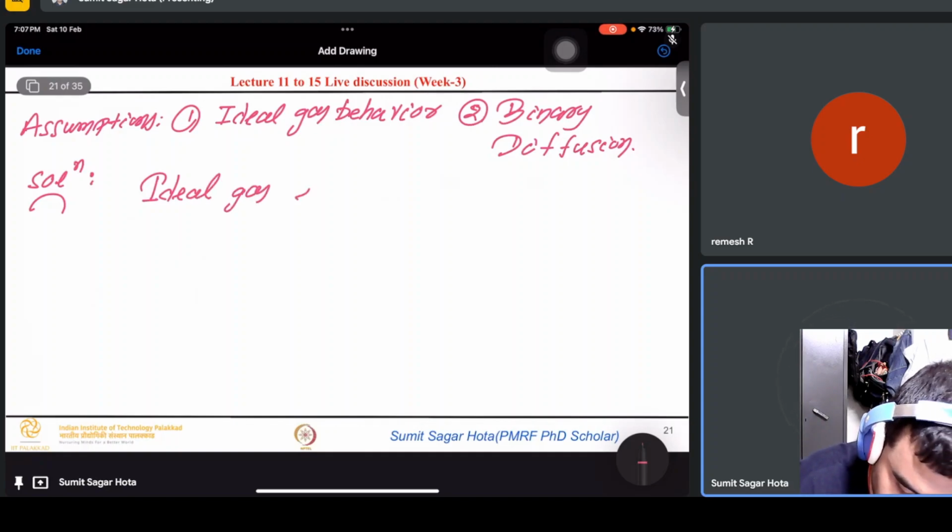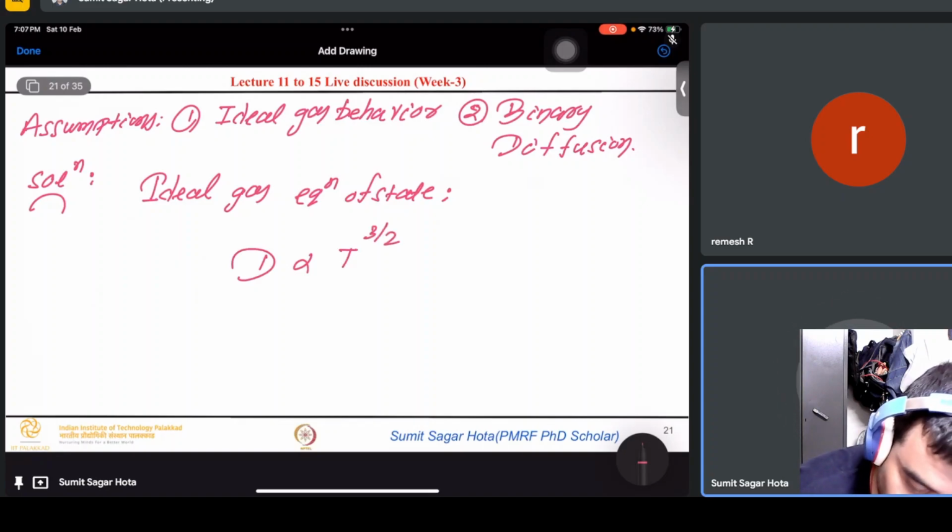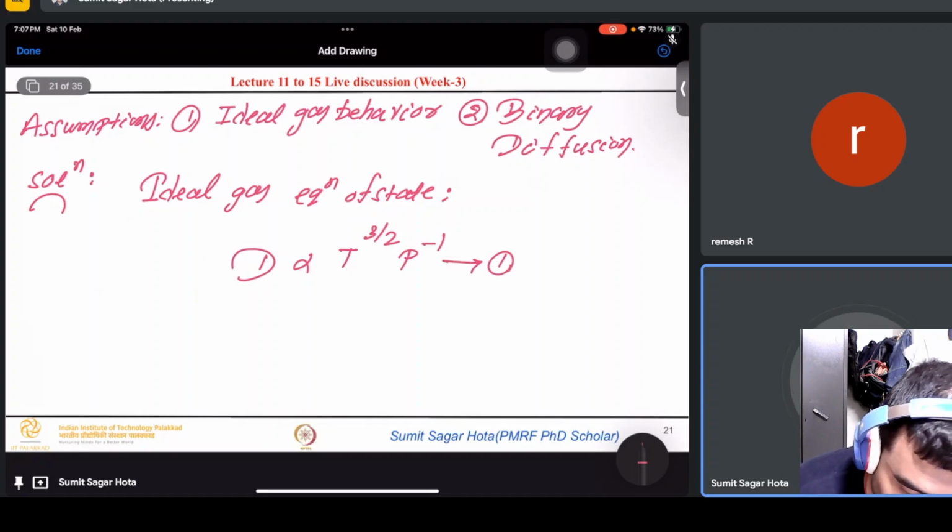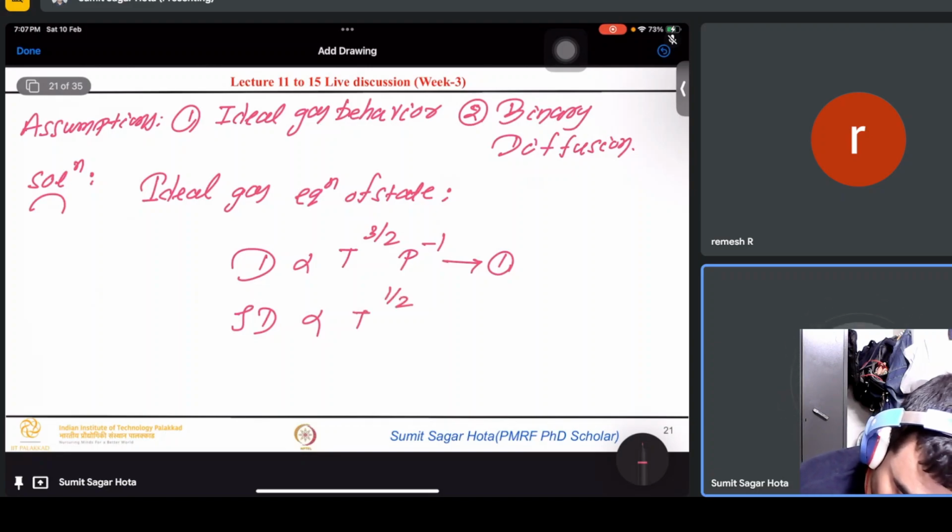For gas, D is proportional to T to the power 3 by 2, and P to the power minus 1. Let it be number 1. So D is proportional to T to the power 3 by 2 and P to the power minus 1, number 2.